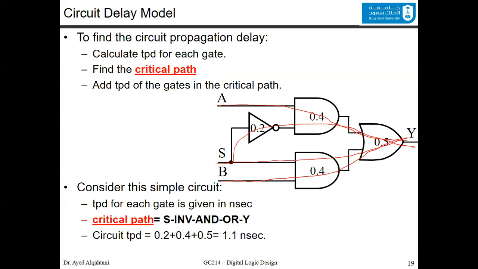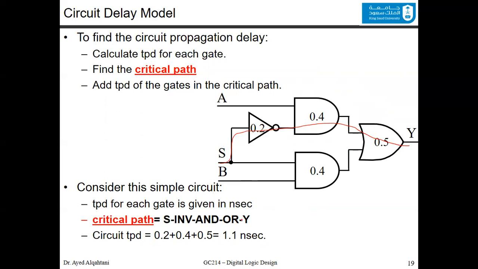You should find the critical path first, which is the path that will have the longest time, and you can see it would be this one. We call this the critical path, and we name it by S, inverter, and OR, and then you reach the output.